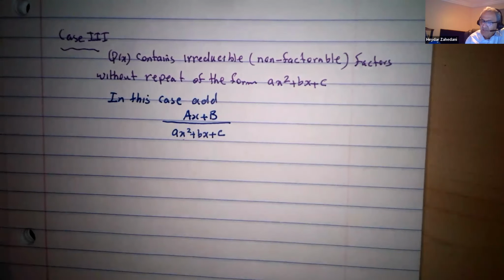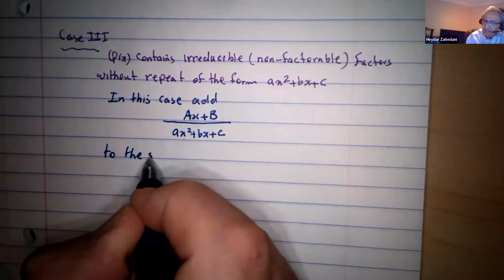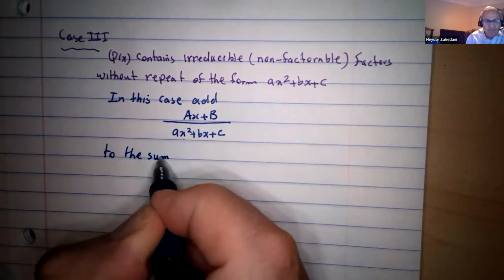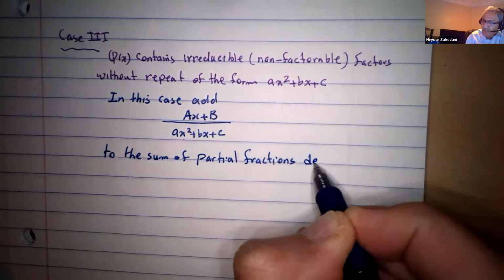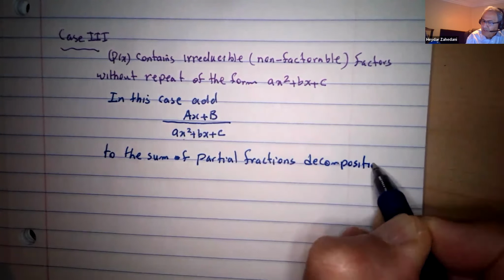So in this case, you add this one to the sum of partial fraction decomposition of the function R of x over Q of x. Okay, so this is going to be the case.